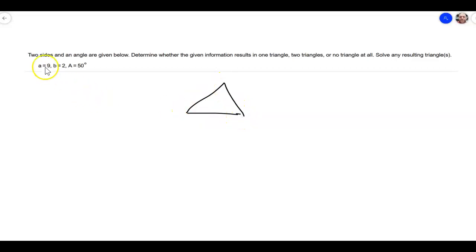If we have a big A, a big B, a big C, remember the little letters are always opposite the big letters. They are giving us this side here, so that's a 9. The little b is a 2. And the big A is 50 degrees.